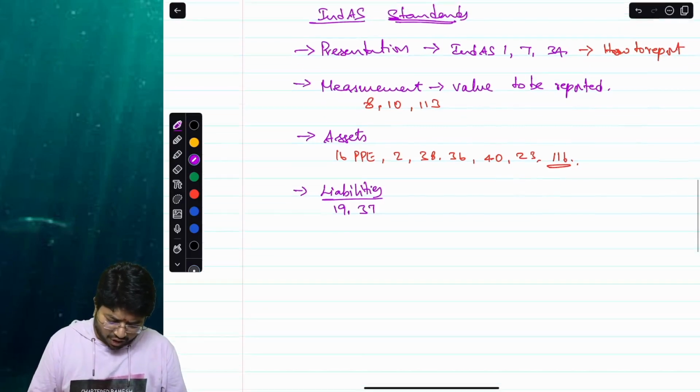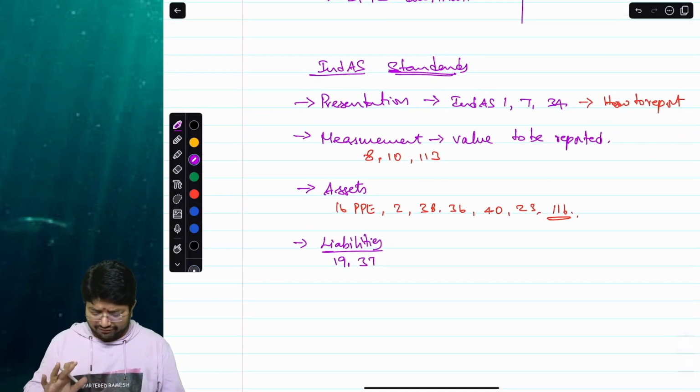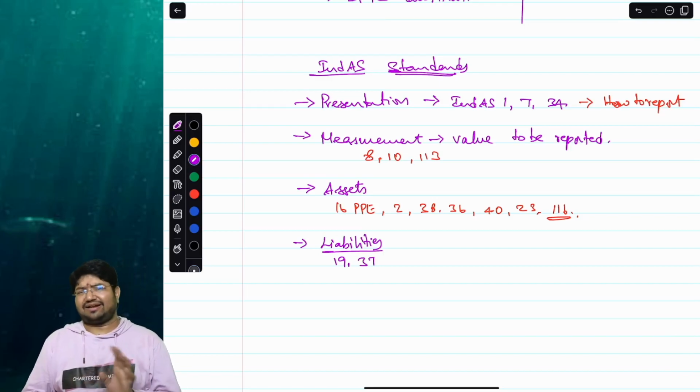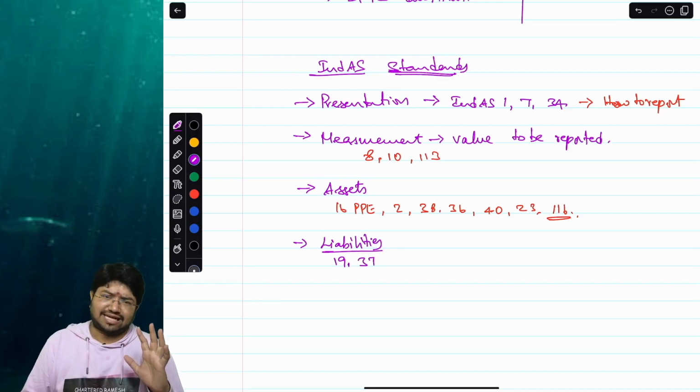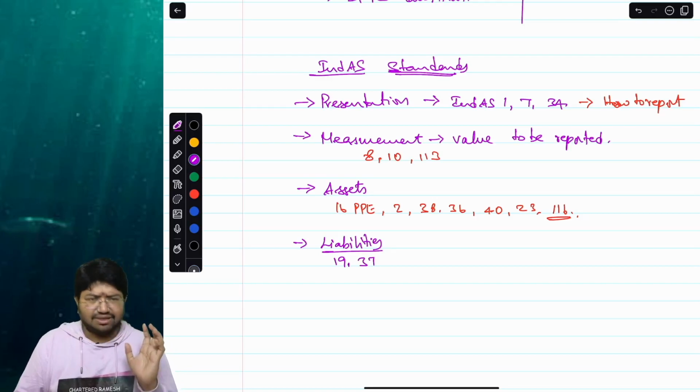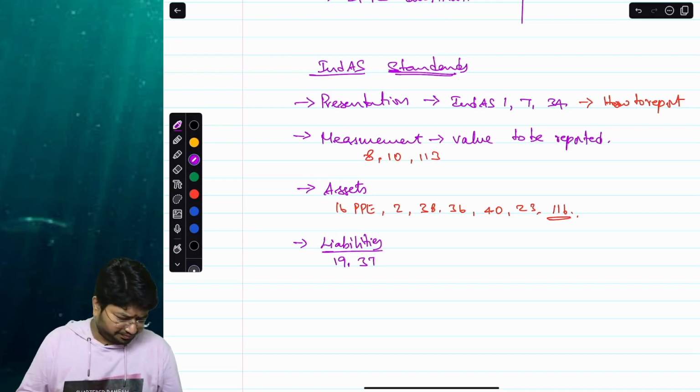So the broad classification of Ind AS is going to be on presentation, measurement, assets, liabilities and rest. So these are the 5 categories in which the standards would be covering, and these are something which we will completely follow.